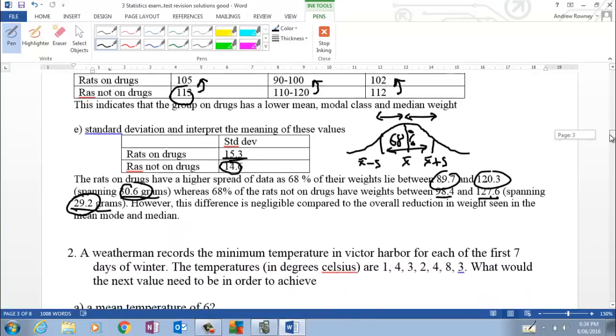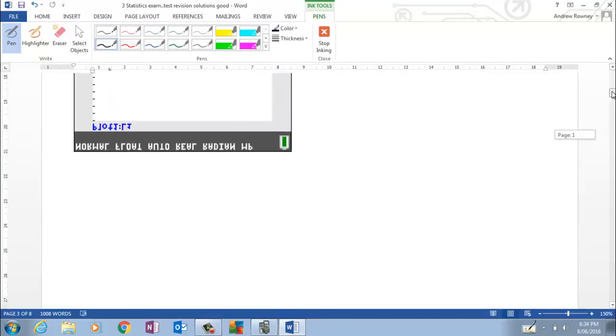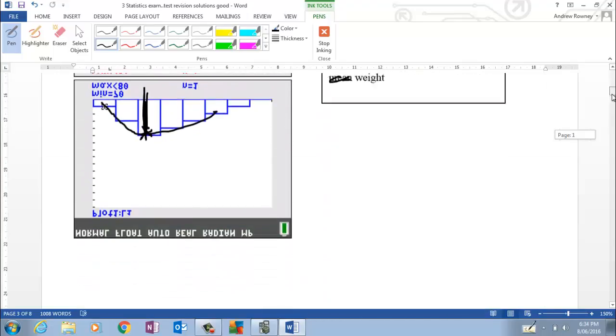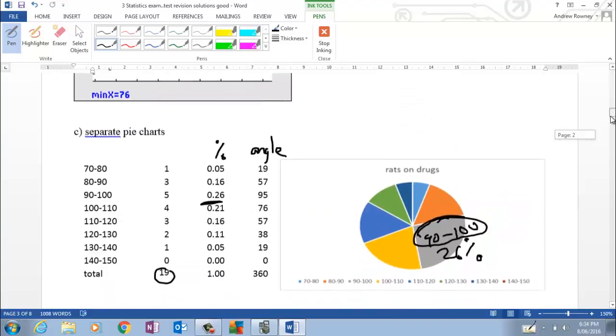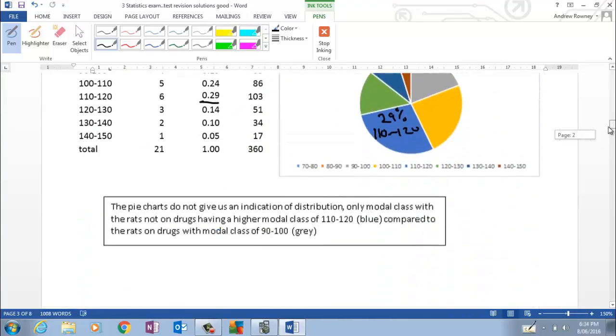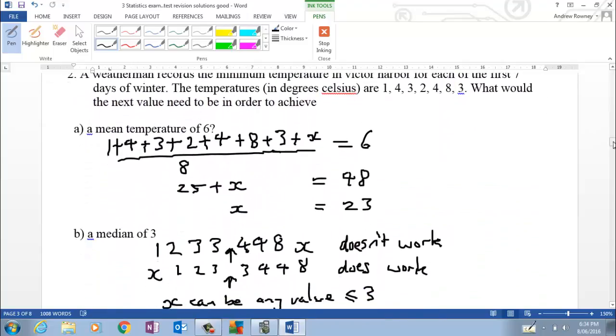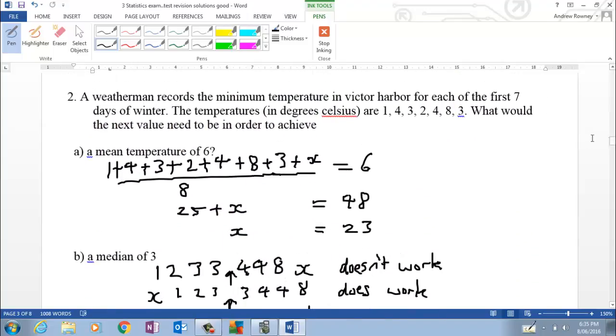Okay, so yeah, you can see that getting the statistics and the graphs is one thing, but analysing with these words is another. And so you've got to be good at analysing the meaning of this data and all these representations.